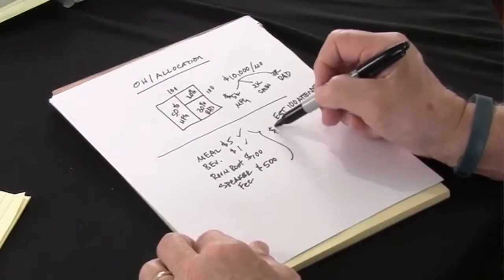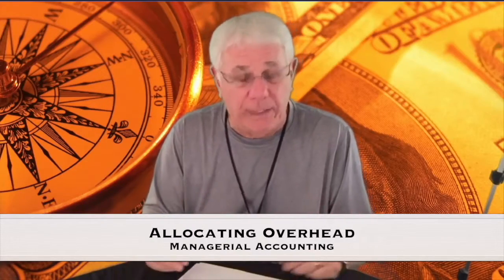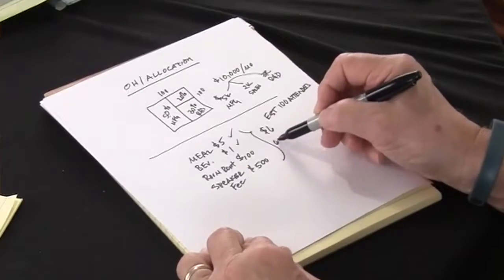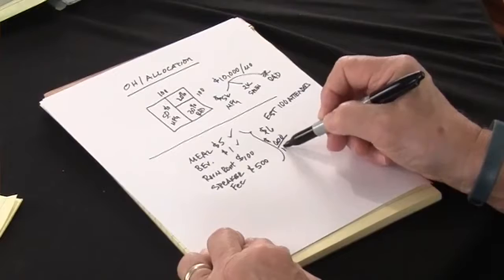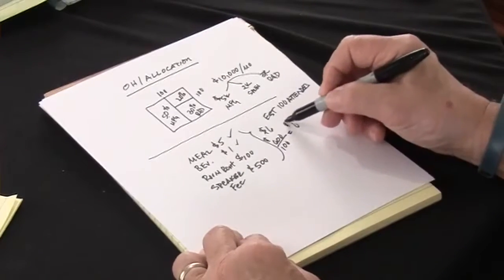Well, we know that it's going to cost us $5 for that Subway sandwich, and it's going to cost us $1 for that Pepsi Cola, let's just say. So we know we have $6 of cost for sure. The question is, we have these overhead related charges of $100 and $500 or $600. One way to allocate this would be to take that $600 and divide it by the estimated number of people, which means it's another $6.